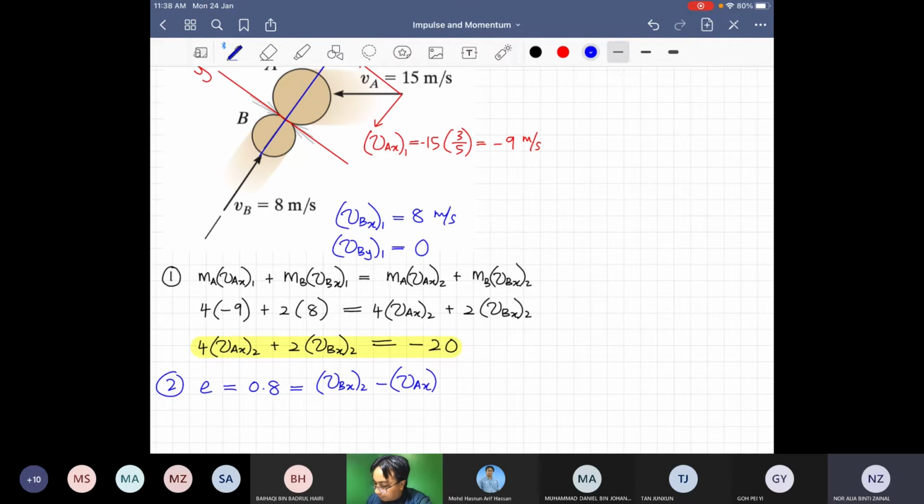Remember this is only in the x-axis. Because of the oblique impact, only in the x-axis do we do the calculation like this. Divided by VAX1 minus VBX1.